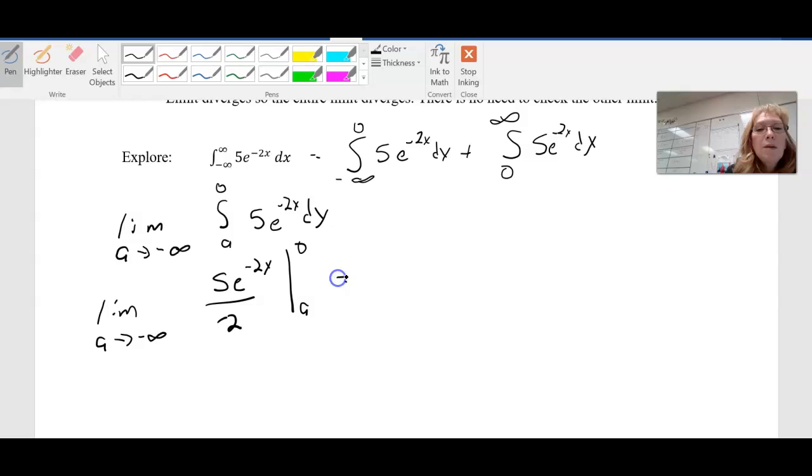So we plug in 0, and e to the 0 is 1, so we have 5 over negative 2, minus, now we're going to plug in a, so this is 5e to the negative 2x all over negative 2, making that positive. But now a approaches negative infinity. Well, since this is negative infinity here, this is going to move to the bottom.